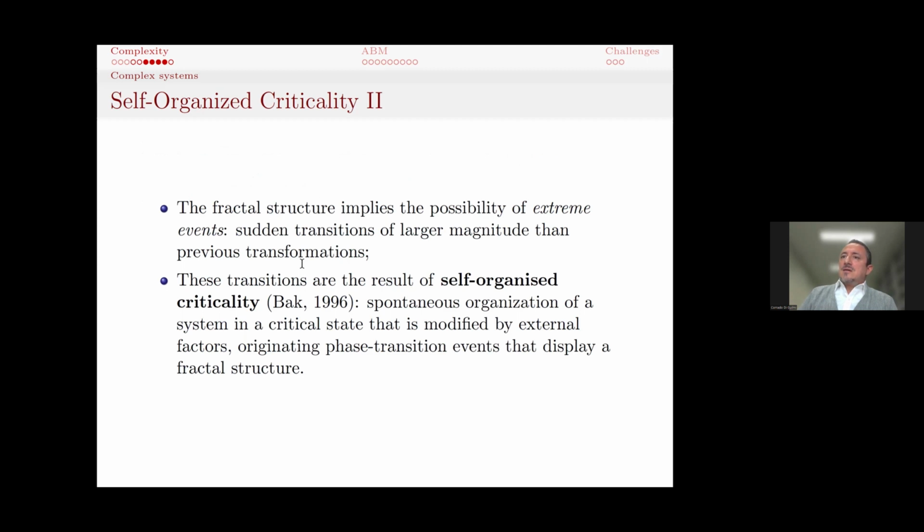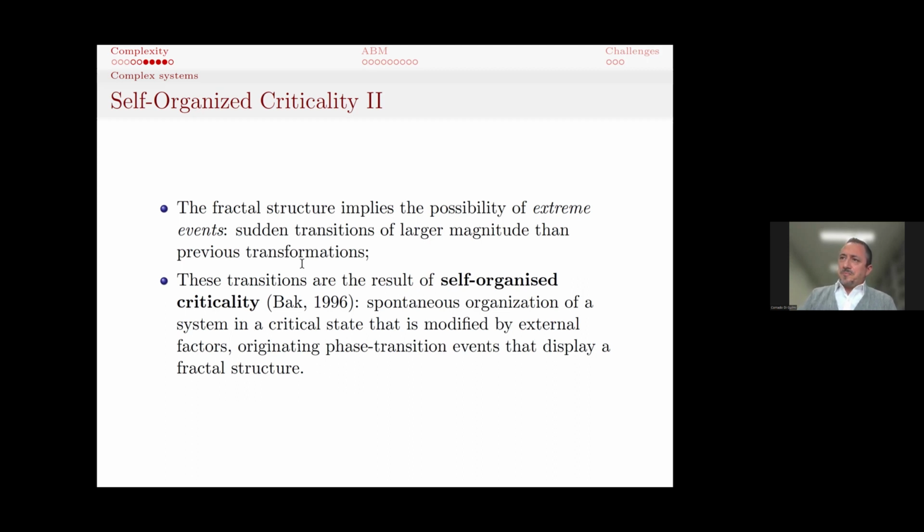These transitions are the result of what Per Bak some years ago defined as self-organized criticality. So the system is spontaneously organized. Spontaneously means that this type of organization is the result of the interaction of the components of the system, organizing itself in a situation that is critical. Critical meaning that it is prone to changes.